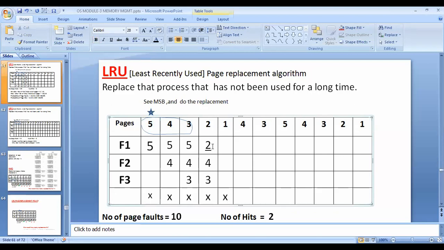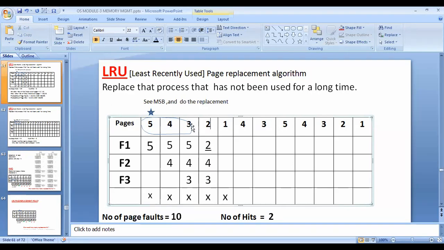Among these 3 pages, page number 2, page number 4, and page number 3, look at the least recently used one. Page number 2 was used earliest here, page number 4 was used here, and page number 3 is used after page number 4.